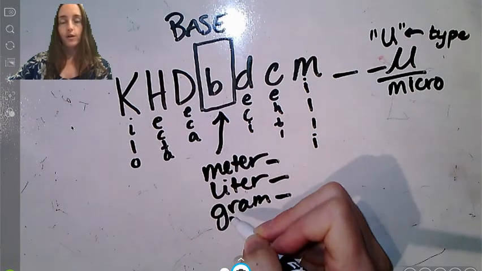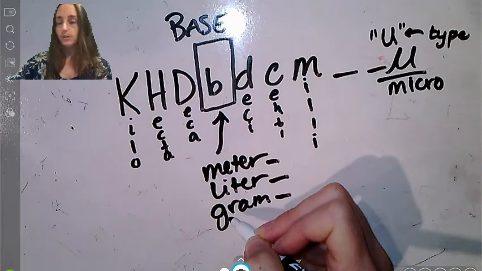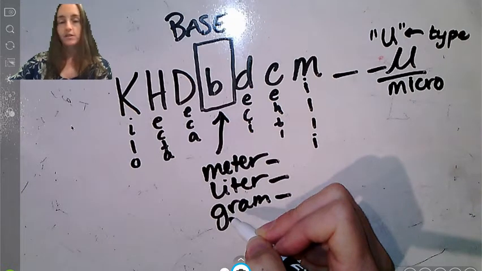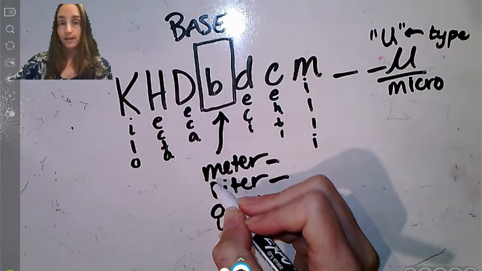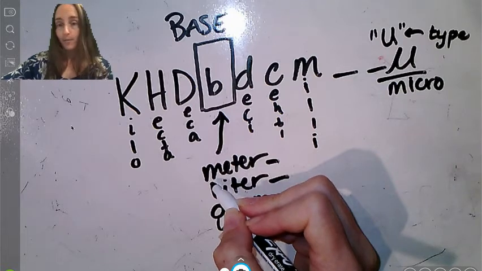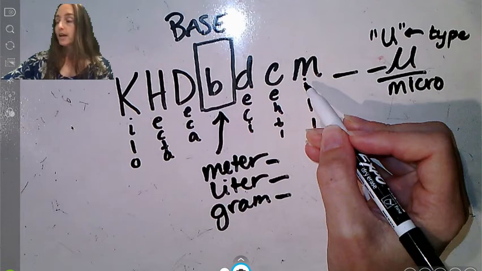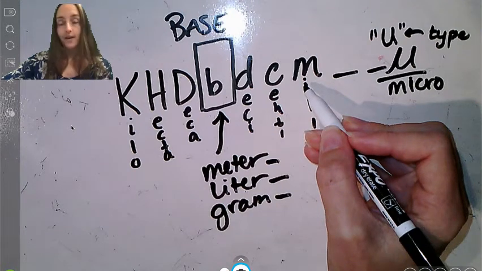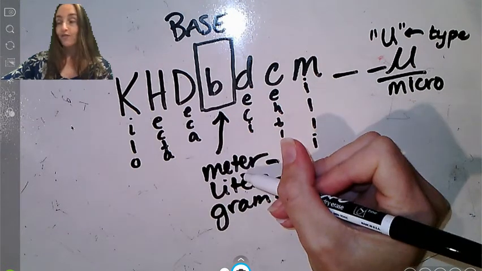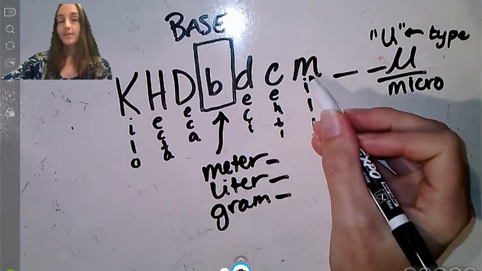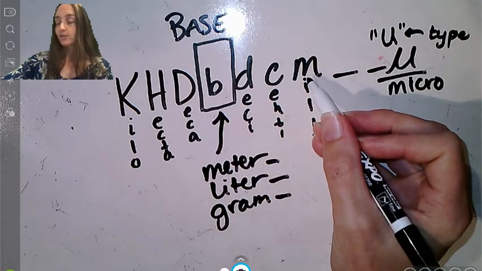So if you see an L or a G, that's not difficult to remember its base. The one that confuses students is the meter, because meter is an M, and we have an M right here. And so students will get confused by that. Remember, if it's only one M, it's meter. If it's two M's, MM, that's millimeter, and that's when you'd start there.